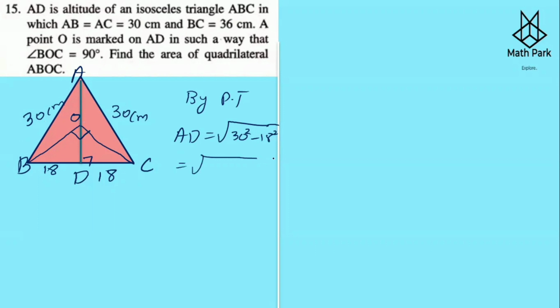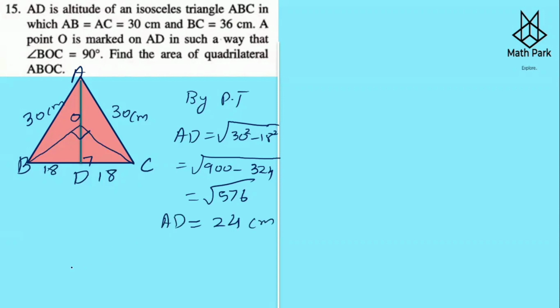So that is root of 900 minus 324, which is 576. Square root of 576 is 24. So AD is equal to 24 centimeter.